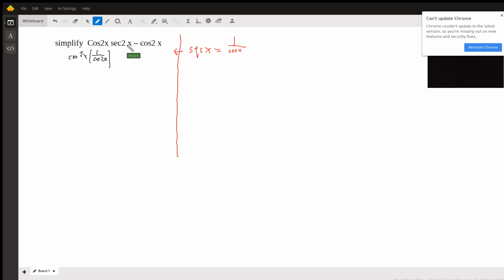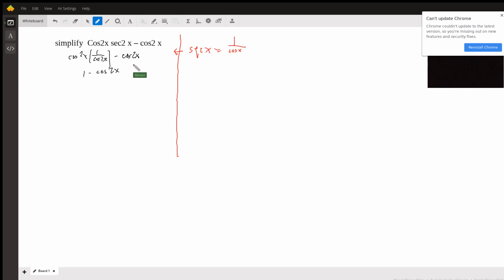It applies just as well to secant of 2x or secant of anything. The secant of anything is 1 over the cosine of anything. So let's just carry the rest of this. And so these cancel, and you're left with 1 minus cosine 2x.